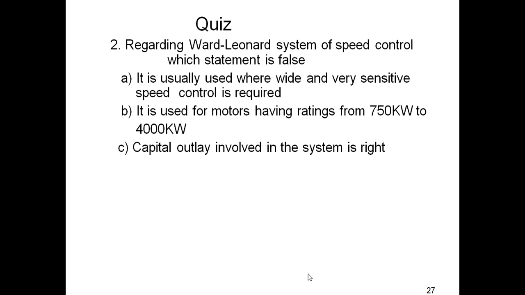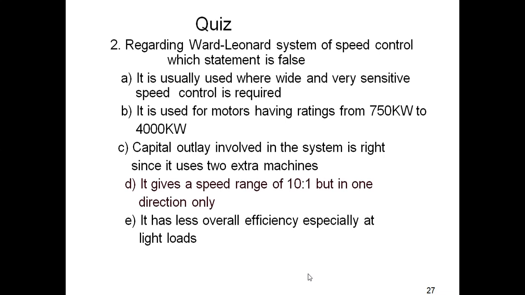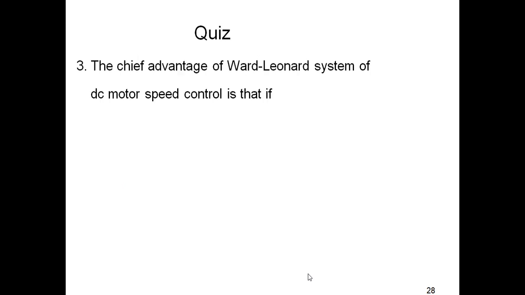C, capital outlay involved in the system is high since it uses two extra machines. Option D is it gives a speed range of 10 is to 1 but in one direction only. The answer is D: it gives a speed range of 10 is to 1 but in one direction only. It can be varied in both directions.